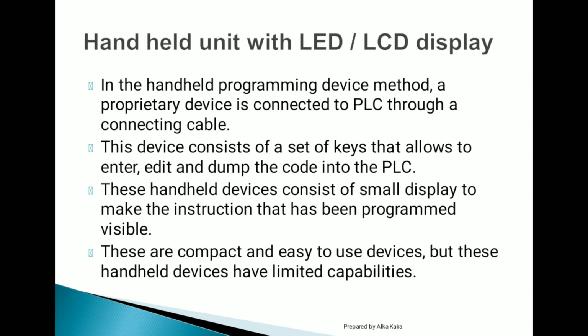These handheld devices have a very small display, and very few instructions are visible to the programmer. The disadvantage is that they have very limited capability, but the advantage is that they are very compact, easy to use and easy to carry.